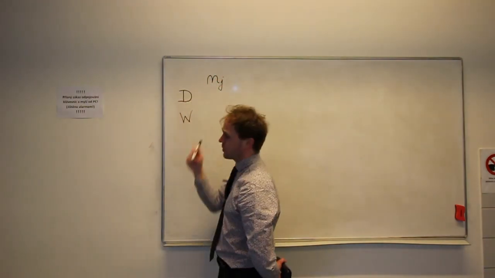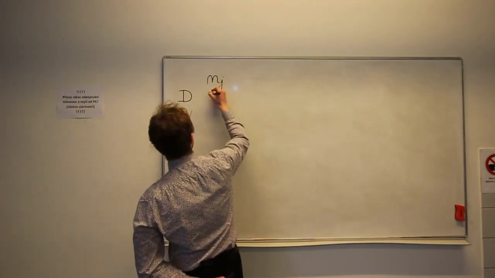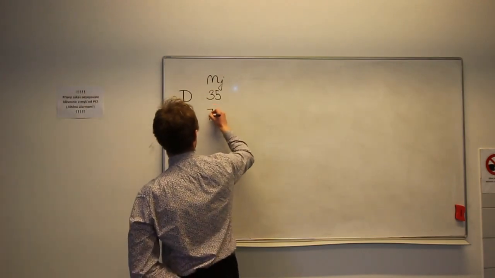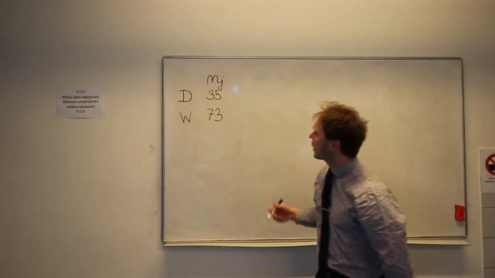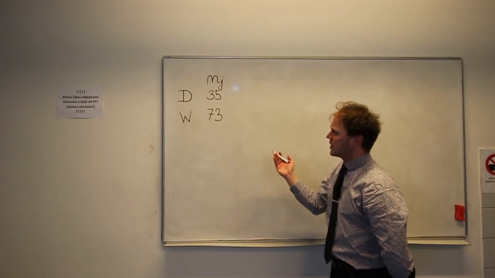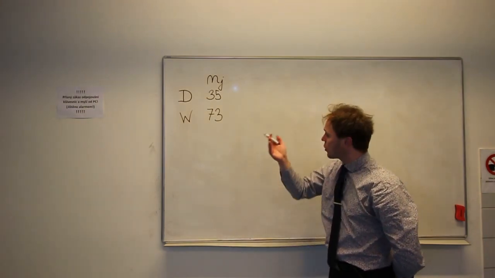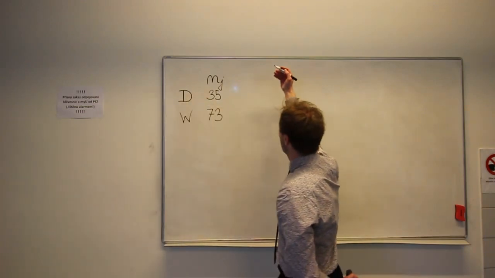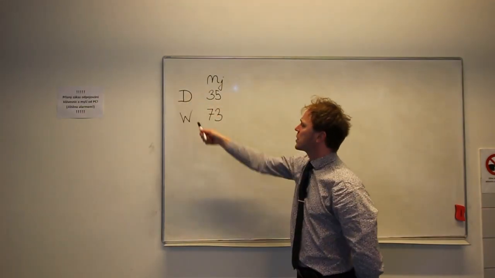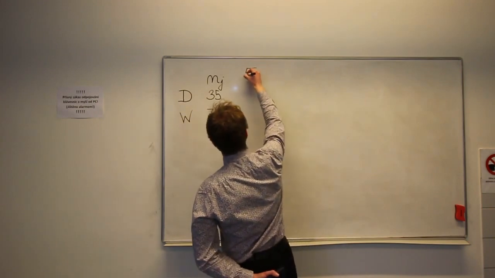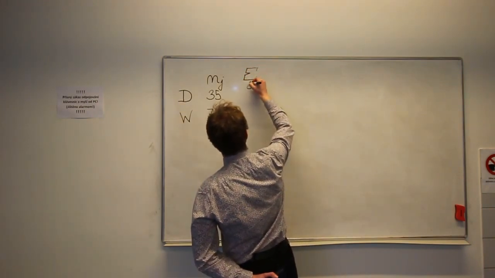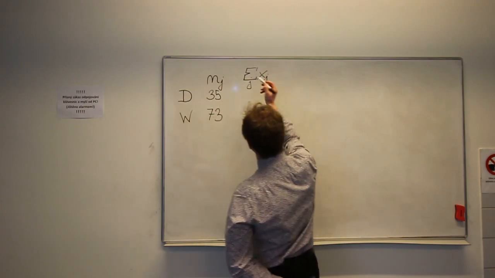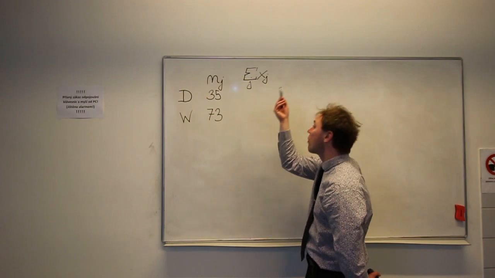We have here 35 and 73: 35 clients put the money to the bank, and 73 clients withdrew money from the bank. The total amount of deposits and withdrawals can be denoted as the summation through all j of xj, the summation of all values.